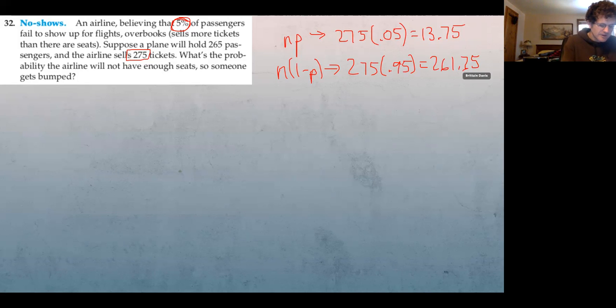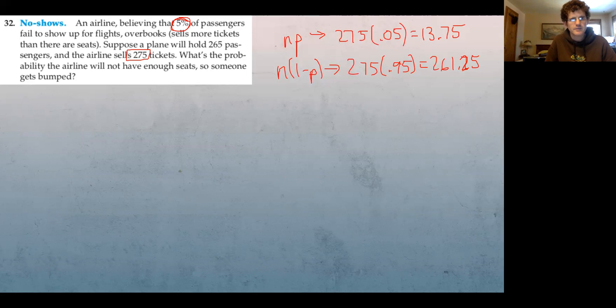So we can say that the large count condition was met. We can, first of all, use our simpler calculations because it met the 10% condition. And secondly, we can approximate this with a normal model because it met the large counts condition.